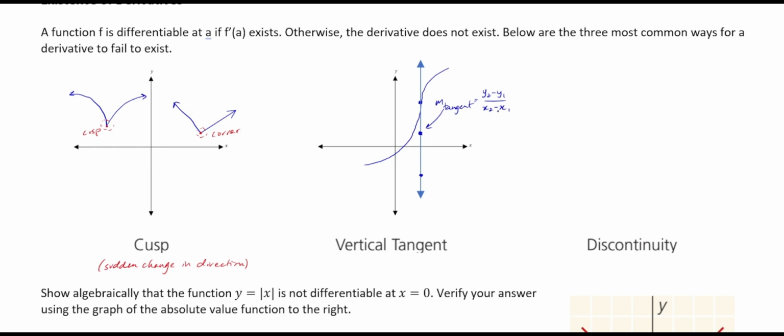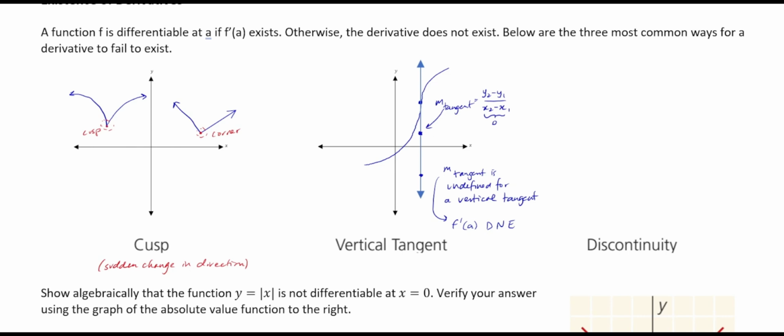So if we subtract identical x values, we will have a 0 in the denominator. So if we have a 0 in the denominator, what we can say is the slope of the tangent is undefined for a vertical tangent, and that's just another way of saying that f prime at a does not exist. Okay, so at this x value or this a value, whatever you want to call it, the derivative doesn't exist.